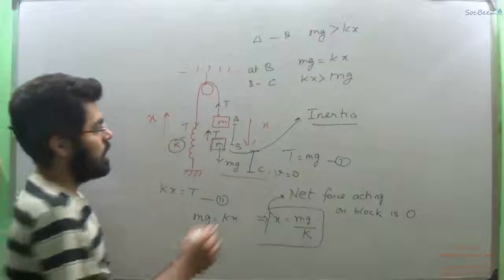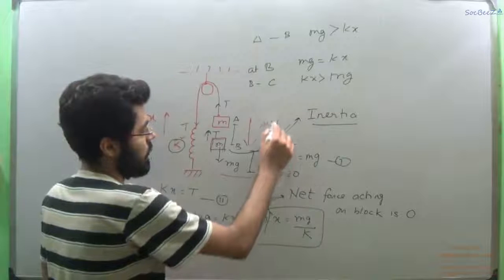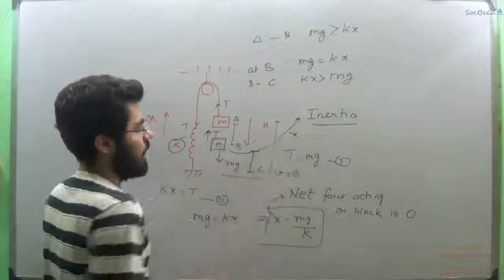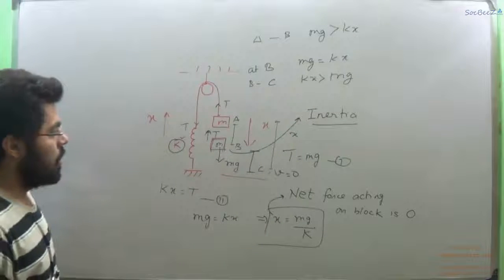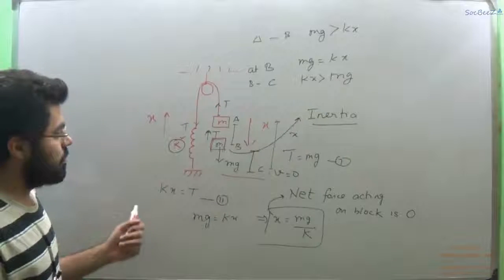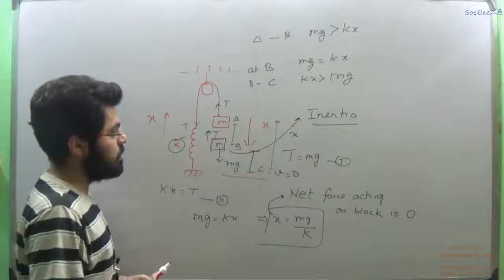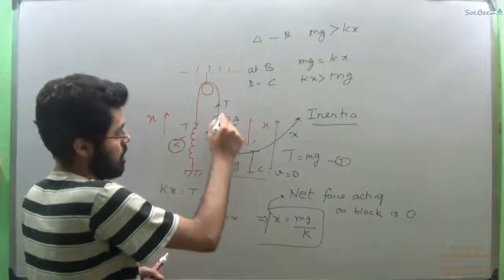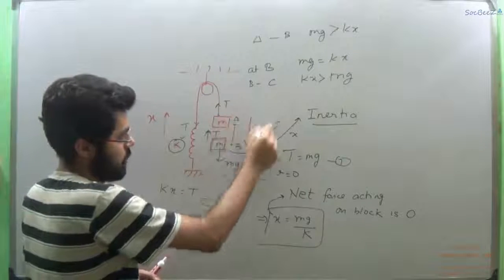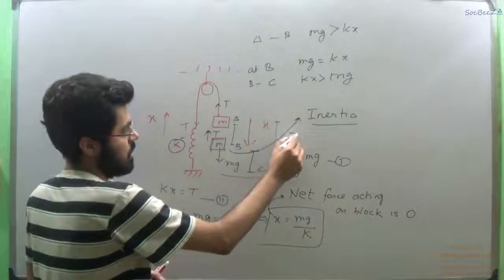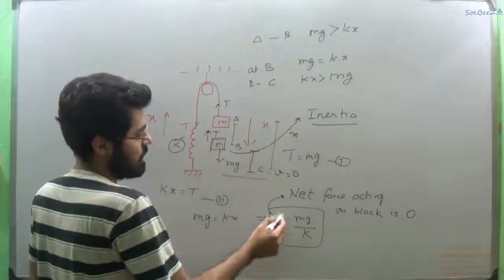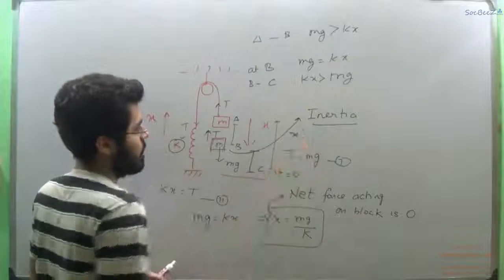So, that's why this entire x, the final x, we have to calculate. For that, we can do one simple thing. When it moved down a downward distance, we have called this x, we can call this x dash.